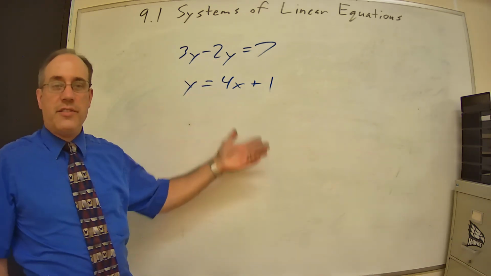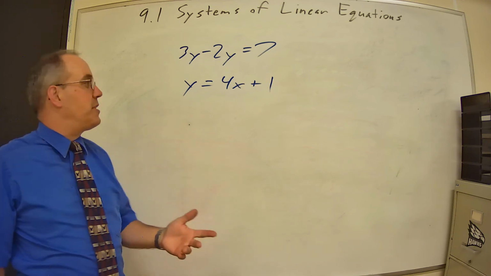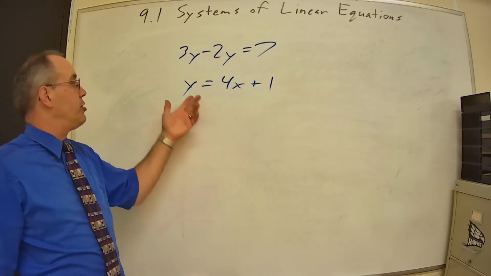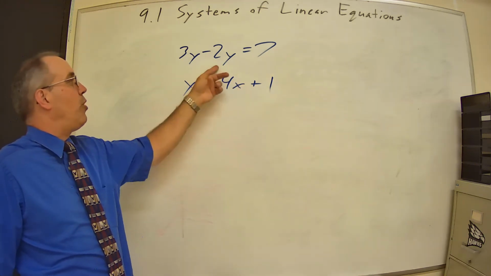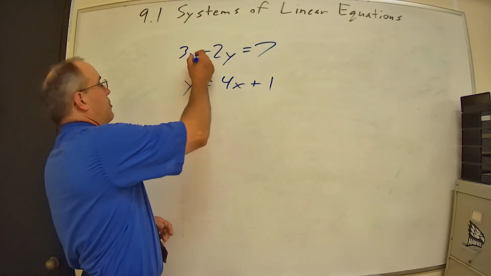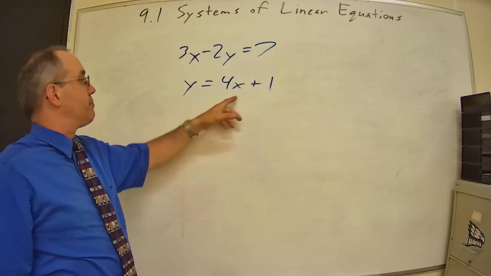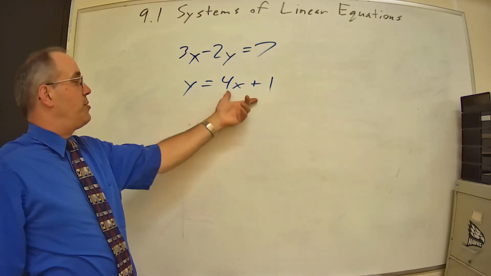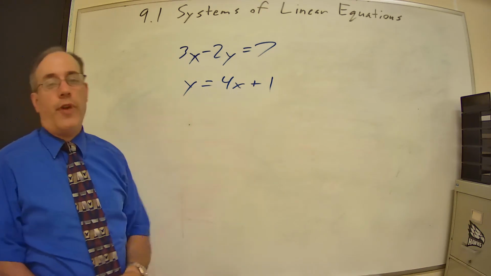If you are given this system of linear equations, common sense says, use substitution. You already have this equation solved for y. So just take 4x plus 1, substitute it in place of y here. Oh, sorry, that was supposed to be a 3x. Okay? I think I said it as 3x. So substitute that in for y and solve for x.